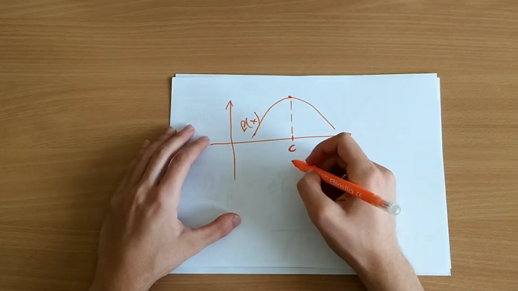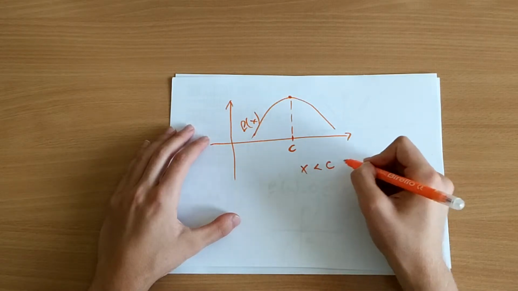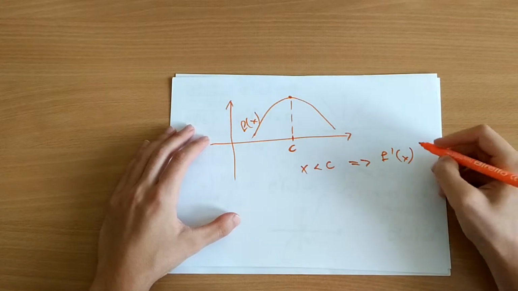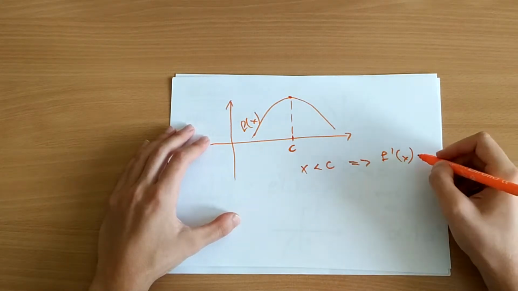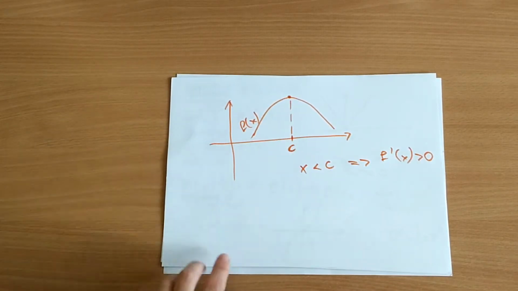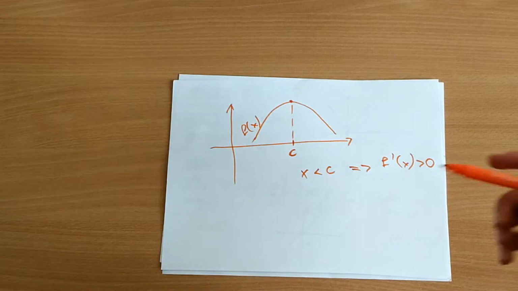So we can say when x is smaller than c, the derivative is positive. And what about on the right side of this point c? Well, we can see that the derivative is negative.